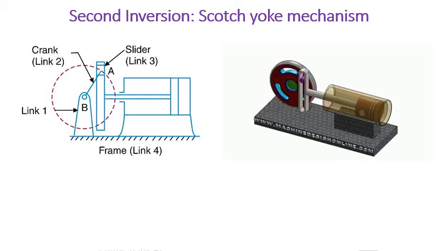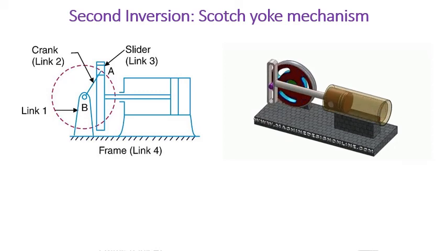So this is the link number 1, B is the link number 1, this connecting rod is the link number 2, slider is the link number 3, and frame is the link number 4. So this mechanism is used to convert rotary motion into reciprocating motion. In the animation you can see rotary motion is getting converted into reciprocating motion.